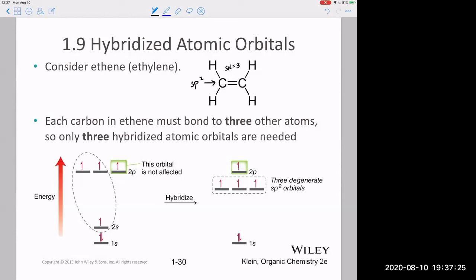So similarly with what we saw before, what it means to be sp2 hybridized is that the s orbital and the p orbitals, but only 2 of them this time, are going to mix together.